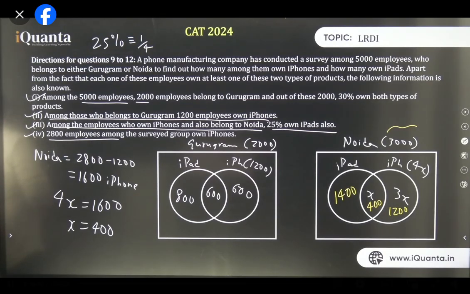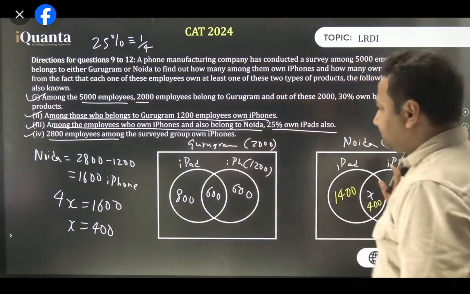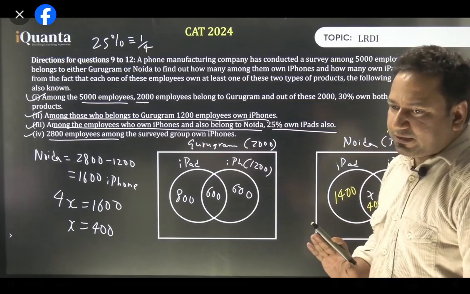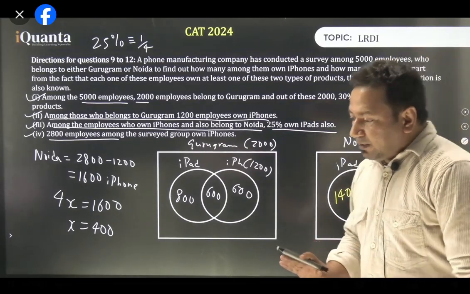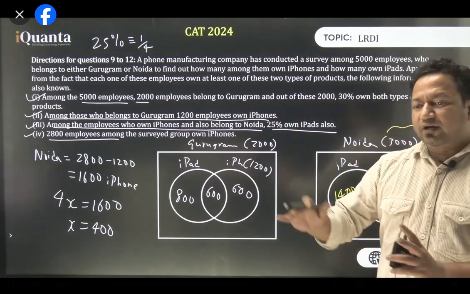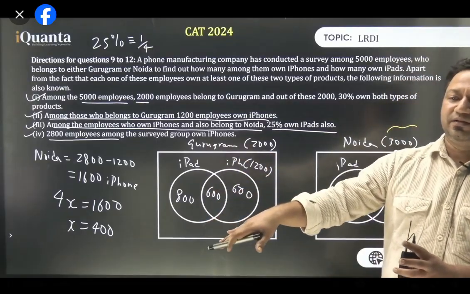Which part do you want me to explain again? Third statement. The third statement says there are people in Noida who own iPhones. Among those people who own iPhones, 1/4 of them own iPads as well.